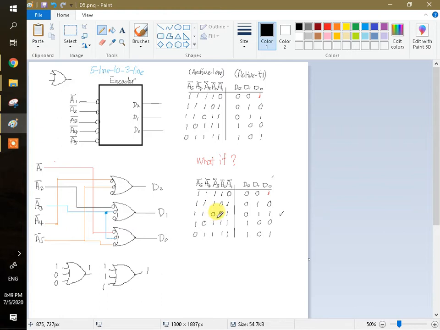In the normal case, we choose the highest one. That means if we receive these 2 inputs, we will output 3. This is correct, based on outputting only the highest one.